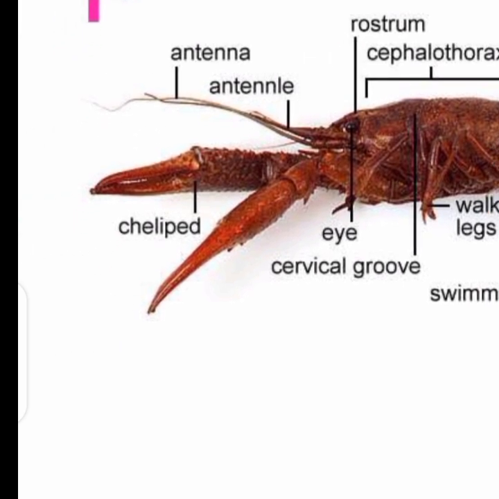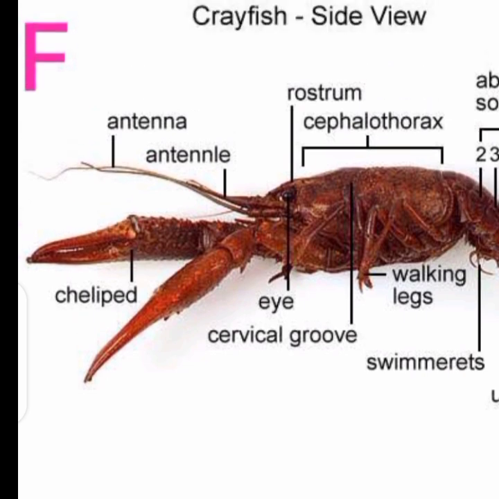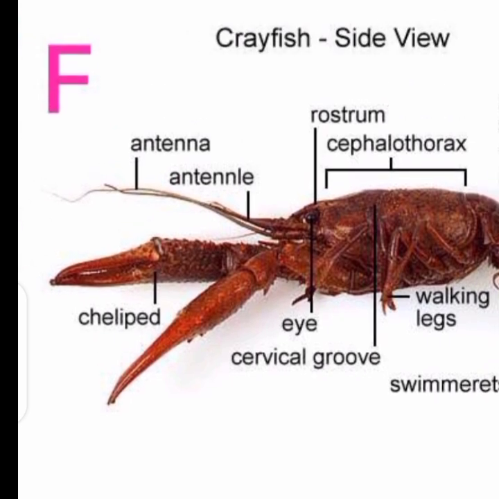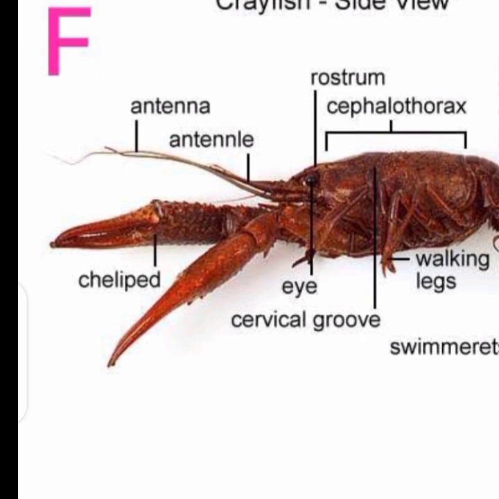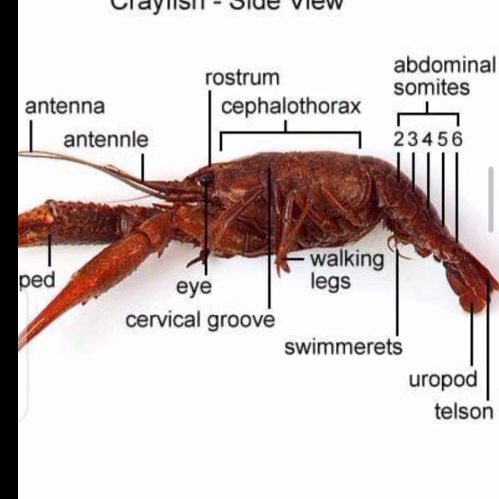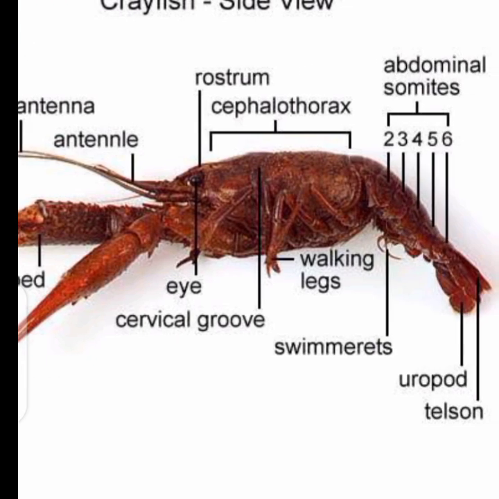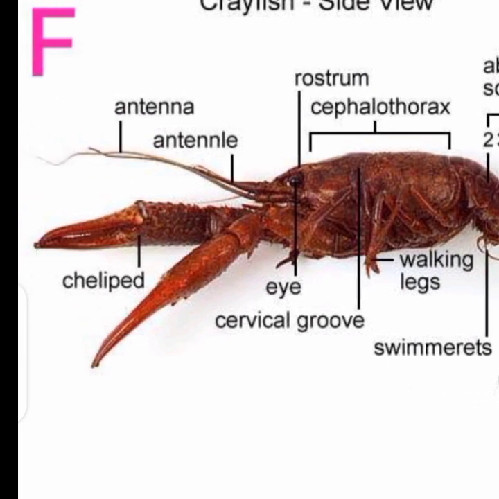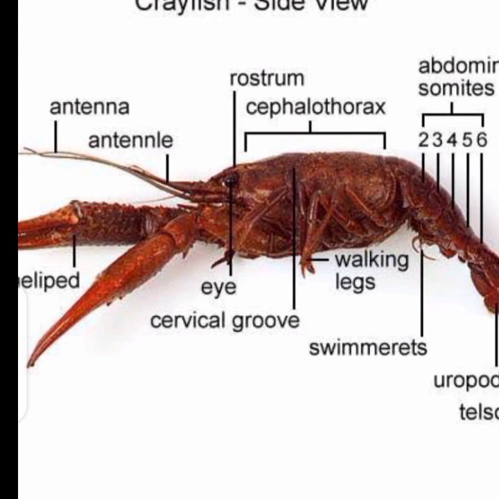The reproduction and growth part is that mating and egg laying is what they use for their reproductive process. Females carry eggs under their abdomen until they hatch. Molting is normal for them: they shed the exoskeleton to grow, then bring up a new one. You understand? Cockroaches also do that. The hard parts of their body, the exoskeleton, is non-living, so when they want to grow, they shed it off.